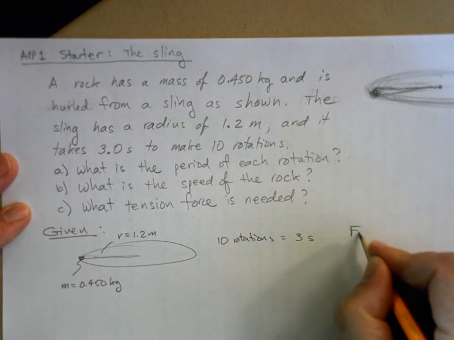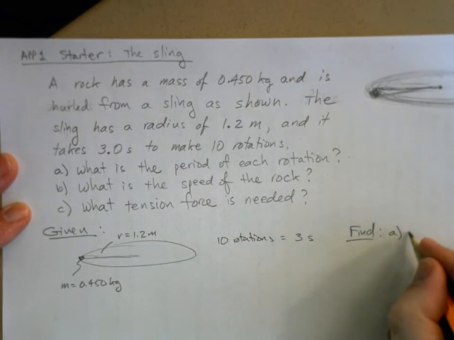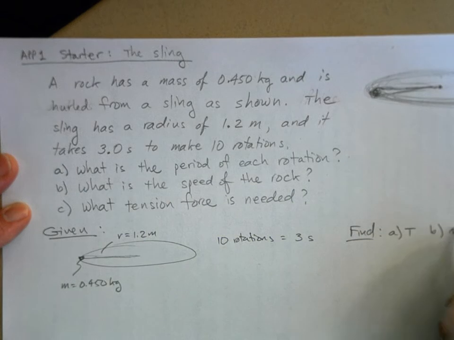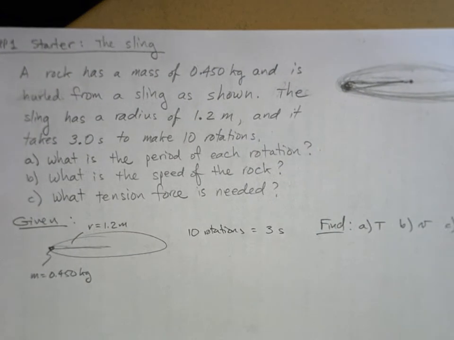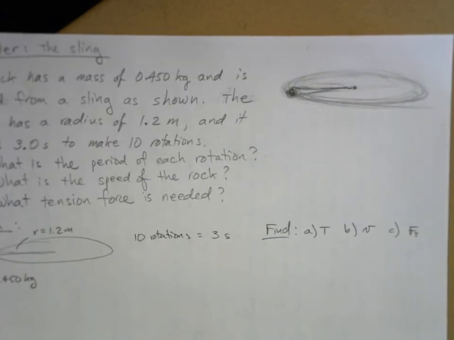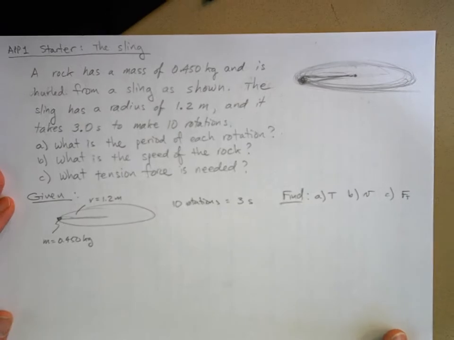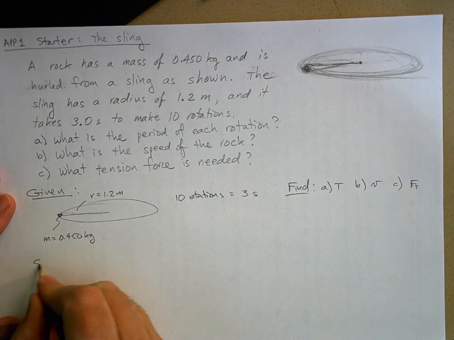And so what do we want to find? For A, we want the period. For B, we want the speed. And then for C, we want the tension force in the sling. So let me zoom out a little bit. So let's solve it.